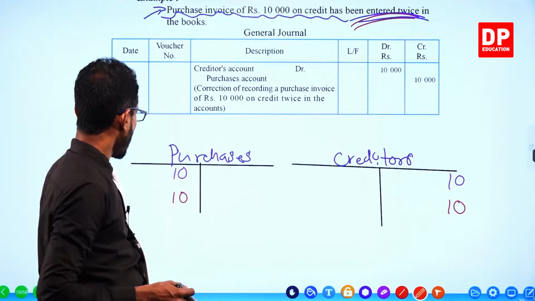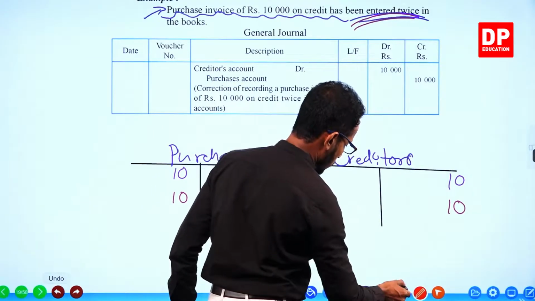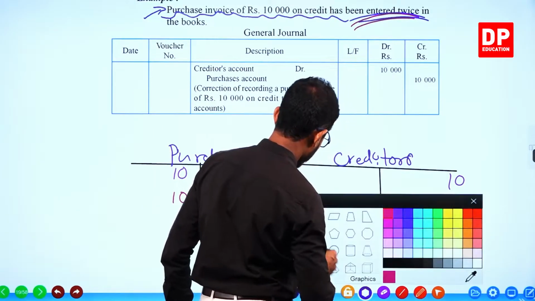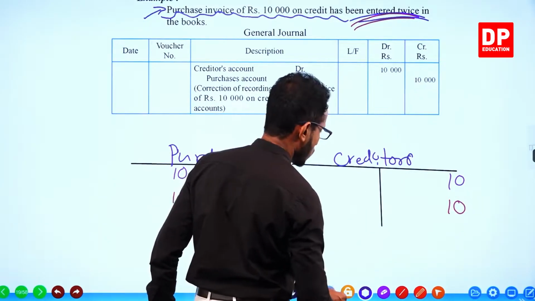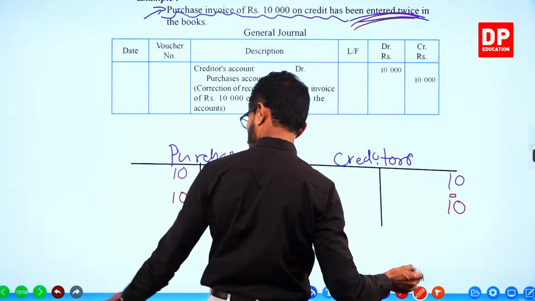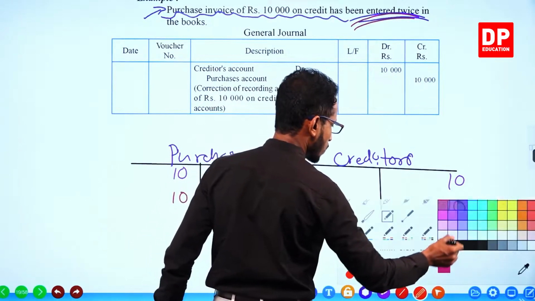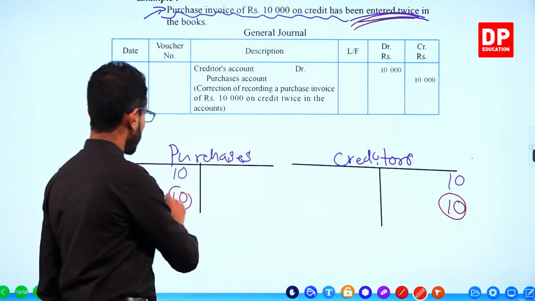This entry is wrong. So I'm going to mark it with what? I'm going to circle it. Okay, this is the wrong entry. I will circle it.